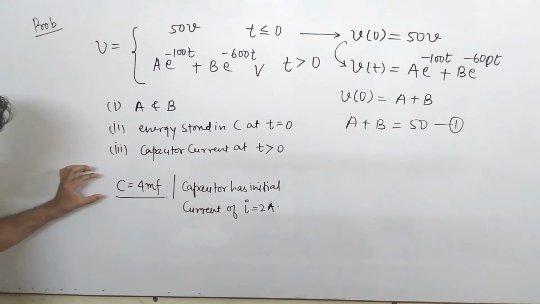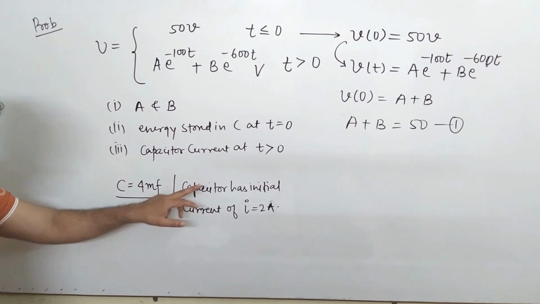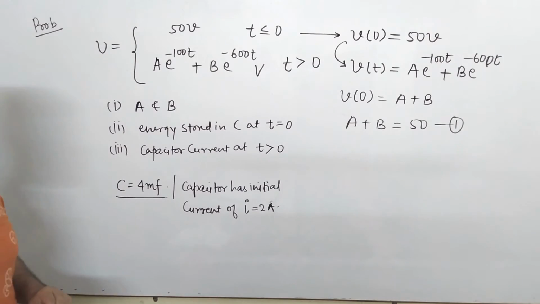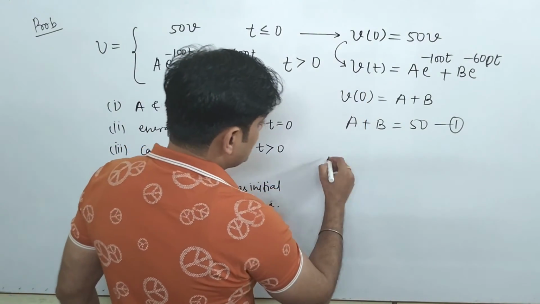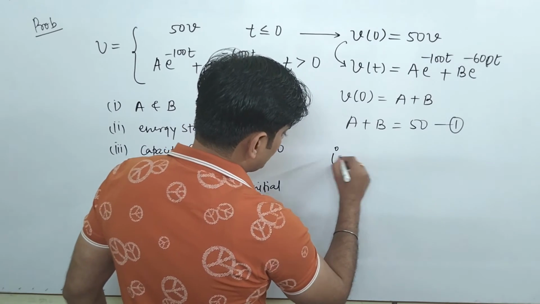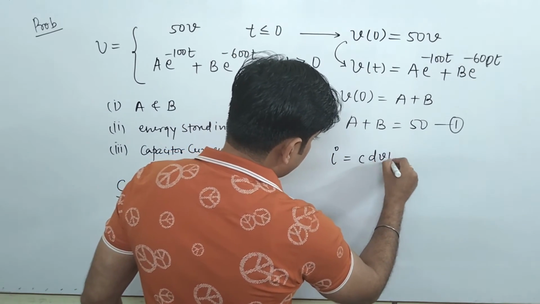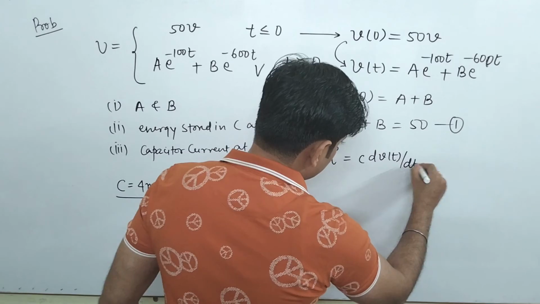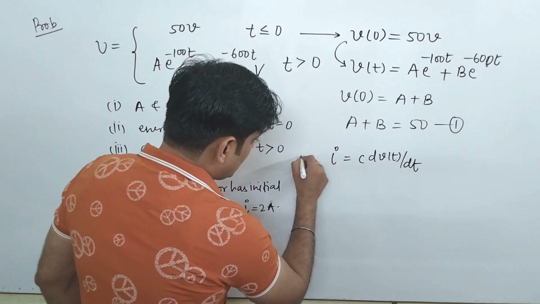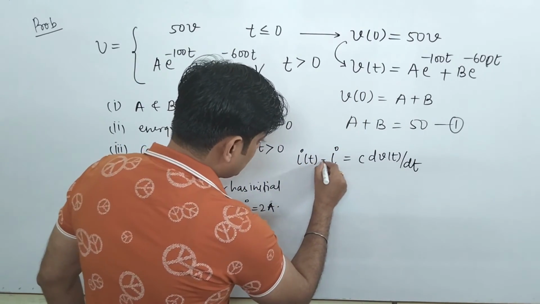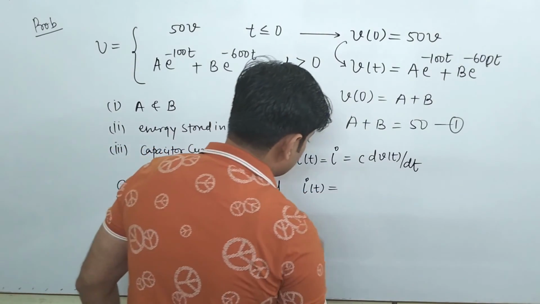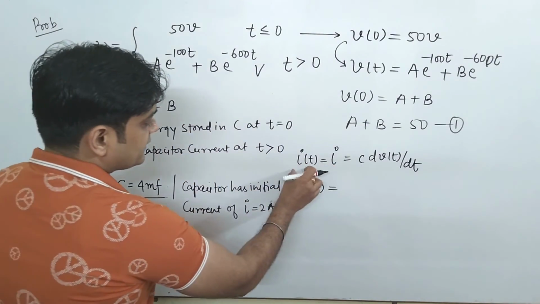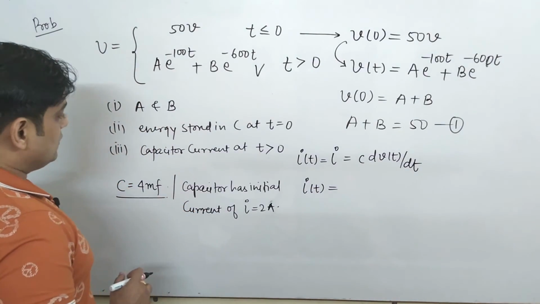Now if you see, one more condition is given, that the capacitor has an initial current of 2 ampere. That means if you know the value of V, you can find the value of I. It is C dVt by dt. Yes, this I is basically known as It. You can say also this is It. Okay, somewhere we will write it as I also, there is no confusion, but you just keep in mind this It is basically I. So what is now C?